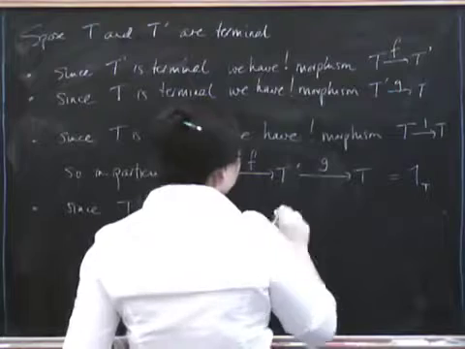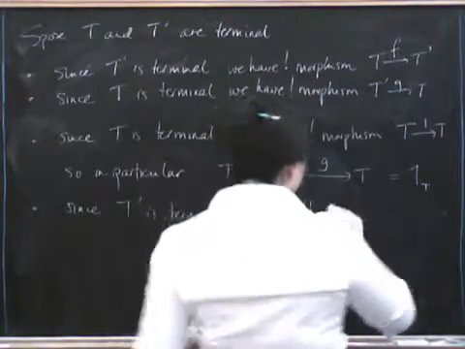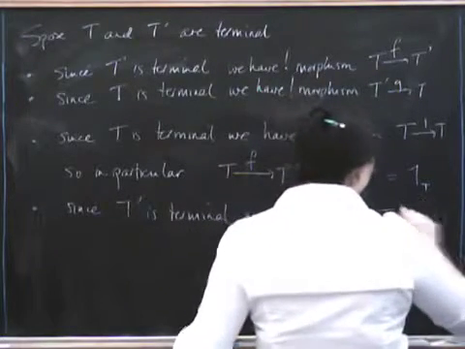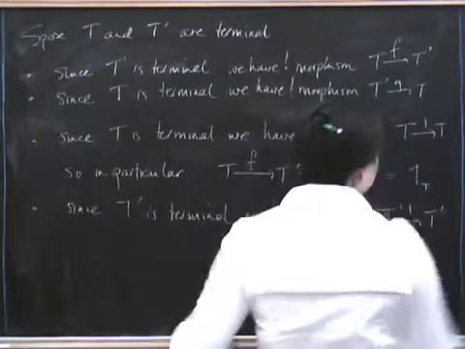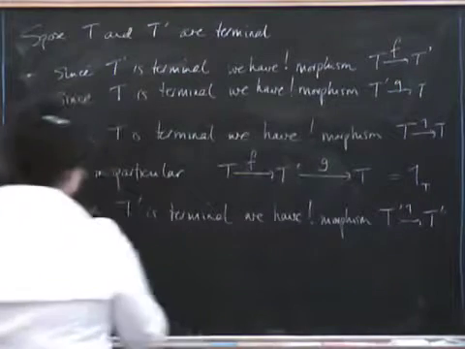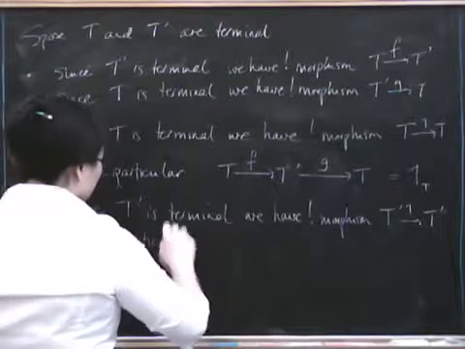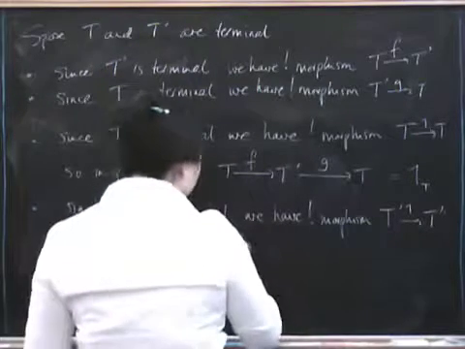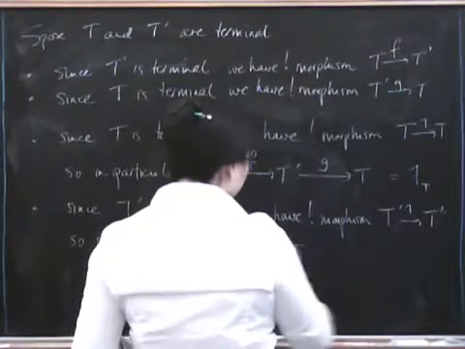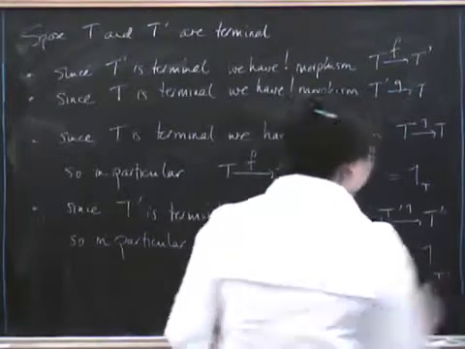And similarly, since T primed is terminal, there's a unique morphism from T prime to itself, and that has to be the identity on T primed. And so in particular, the composite where we start at T prime, go to T via G, and then go back to T prime via F, that has to be the identity on T prime.